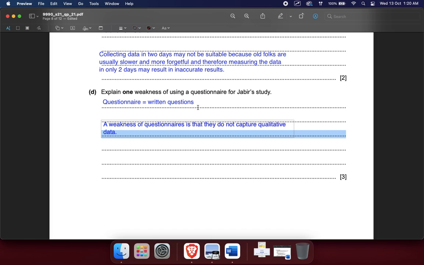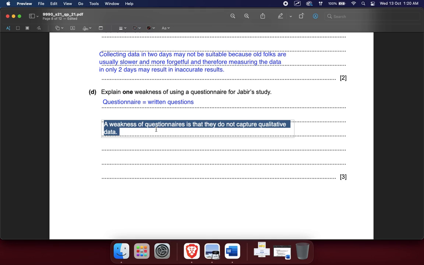Okay, since we're talking about old age and people are forgetful and they may not remember, you could say that a weakness would be that old folks may not be able to answer questionnaires due to forgetfulness.